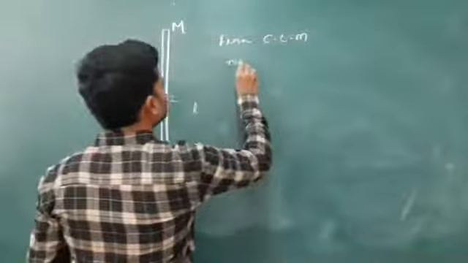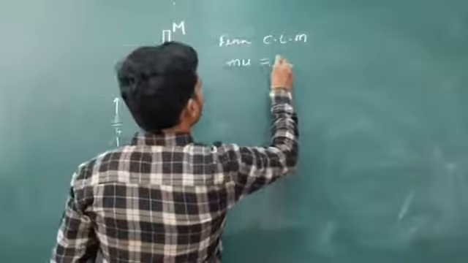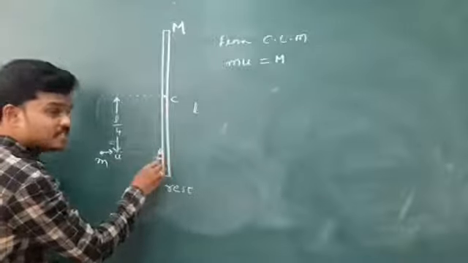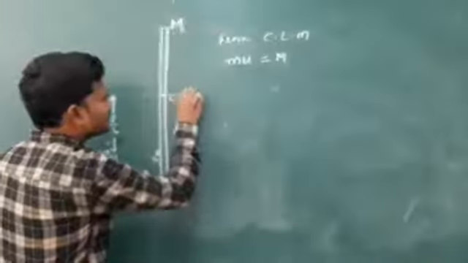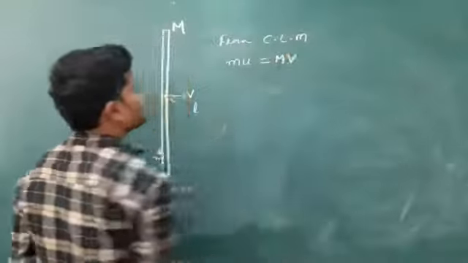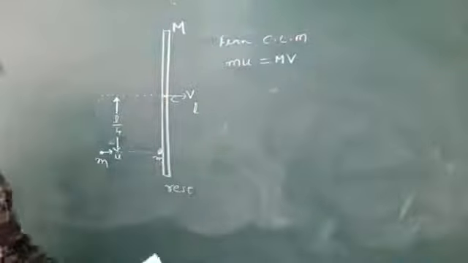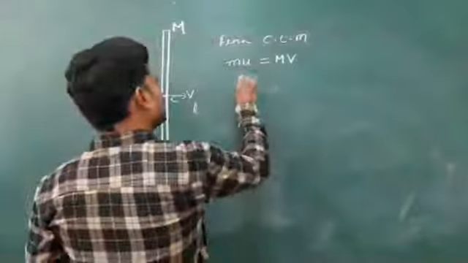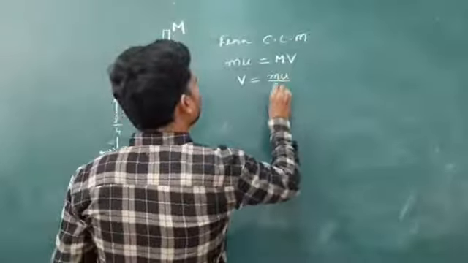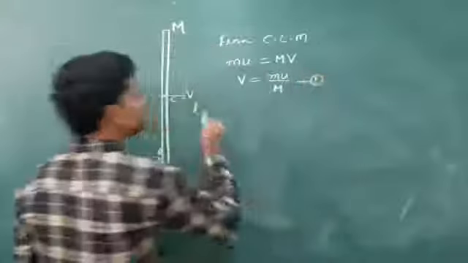Momentum before the collision is mu; after, once it strikes it will come to rest, and the center of mass of the rod will move with some speed v. So we can write mu is equal to Mv, basic formula. So we can write the center of mass speed is mu by capital M. Let us take this as equation 1.